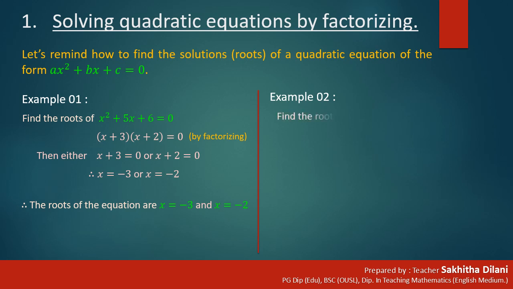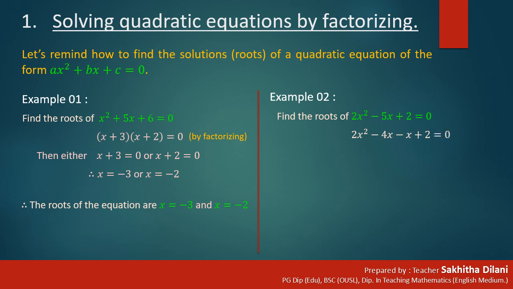Find the roots of 2x squared minus 5x plus 2 equals 0. As in the first example, factorize the quadratic expression in left hand side. Write linear factors of the product of the quadratic term and the constant term to make the middle term, negative 5x.